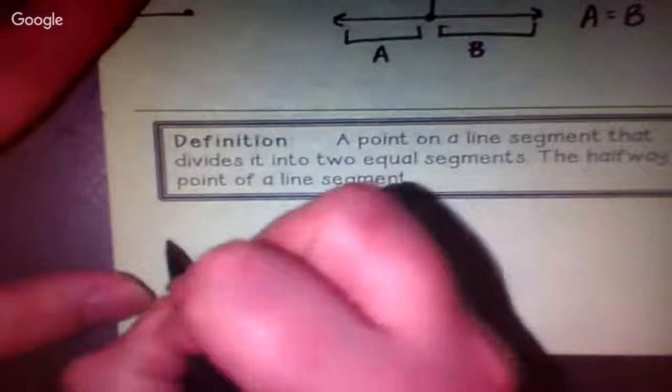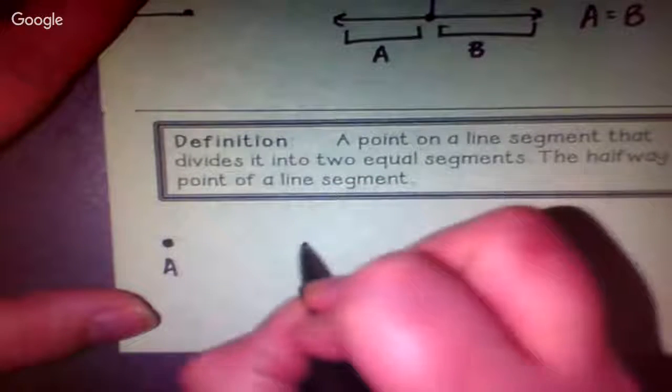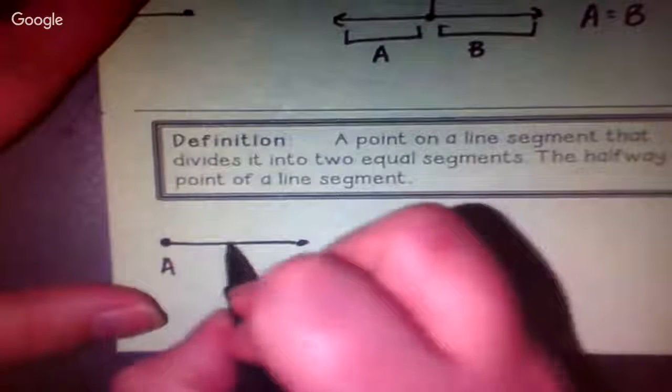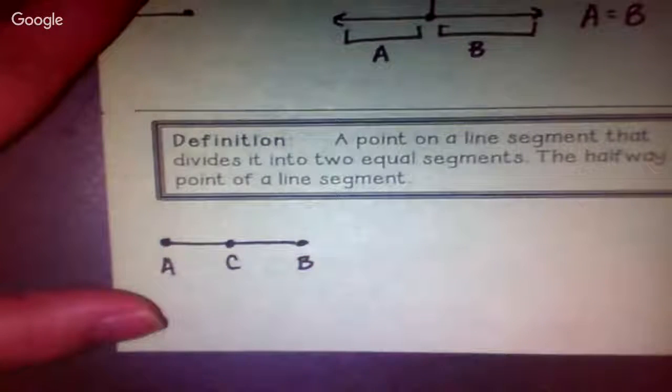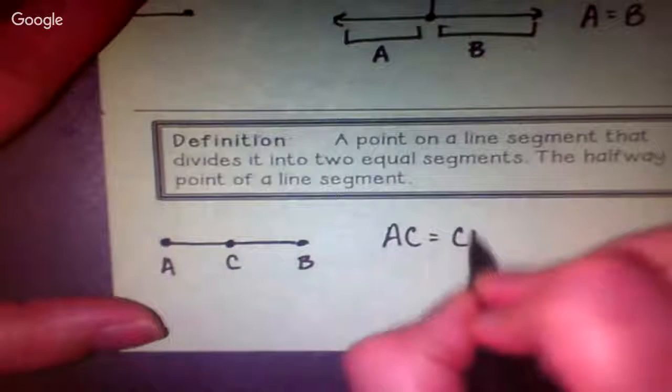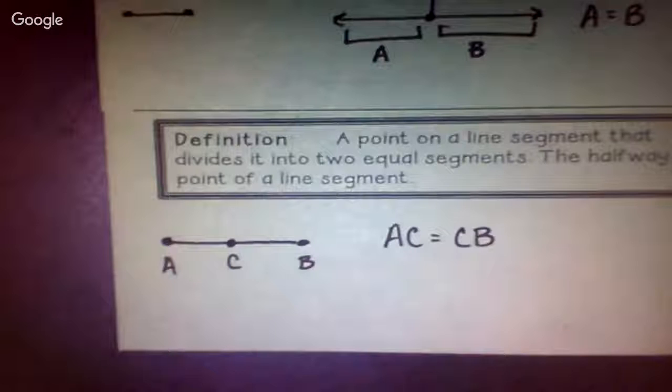So that means if I have something like AB and C is my midpoint, that means AC equals CB.